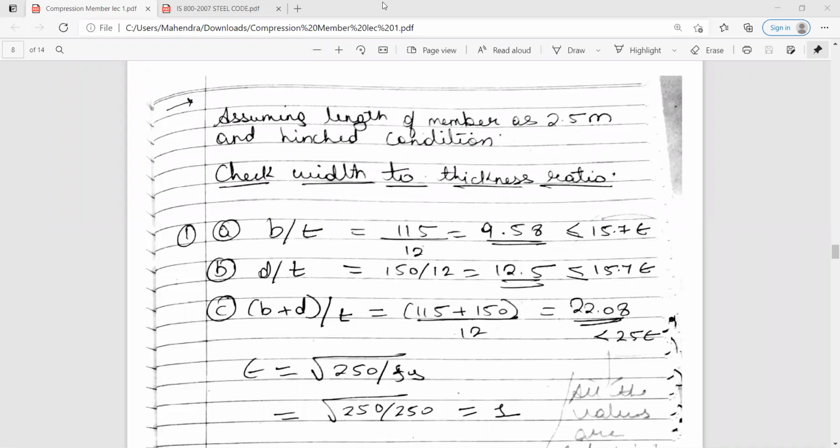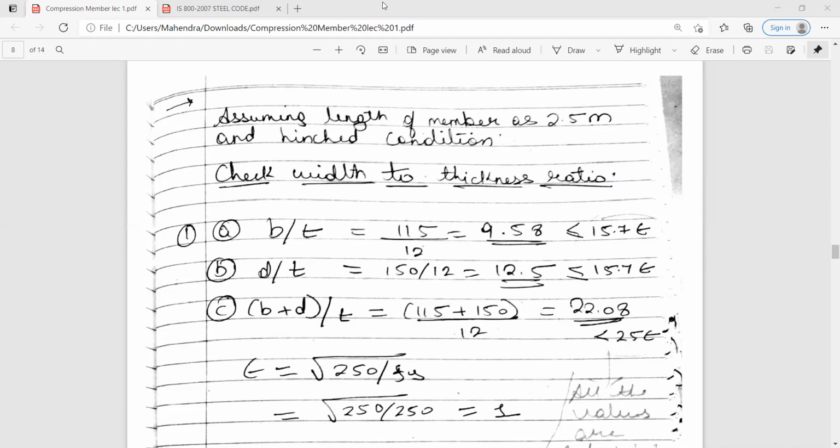That is of the size 150 by 115 by 12 mm. That is D, B and T. So D is 150, B is 115 and T is the thickness. Depth is 150 that is D, width is 115 that is B and 12 is nothing but the thickness.